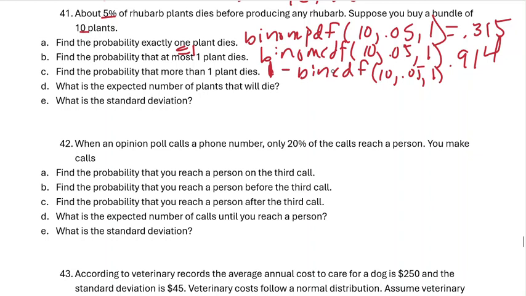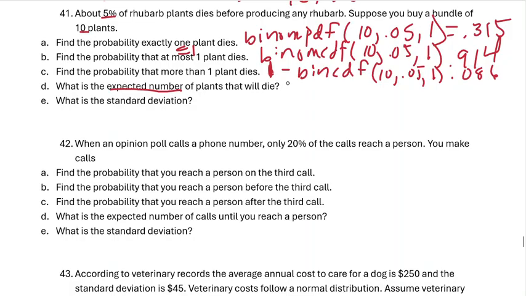So we're doing 1 minus binomial CDF 10, 0.05 and 1. And you're going to get 0.08 something, 0.086.